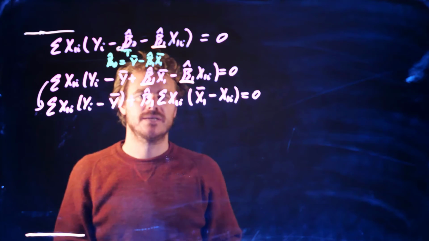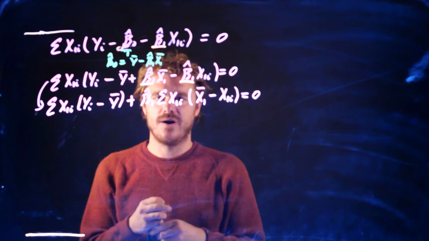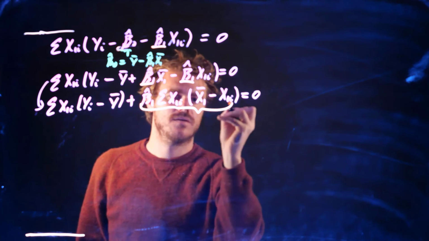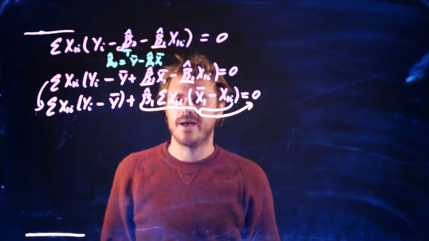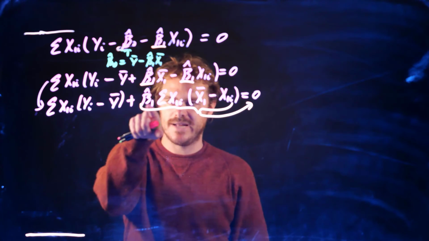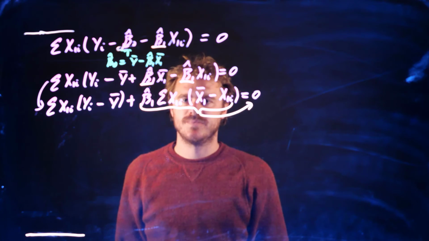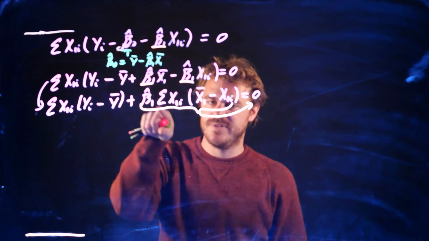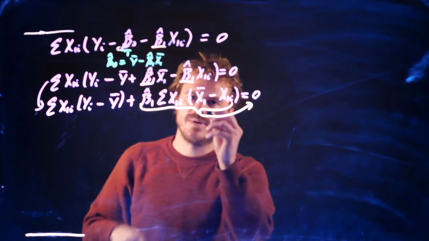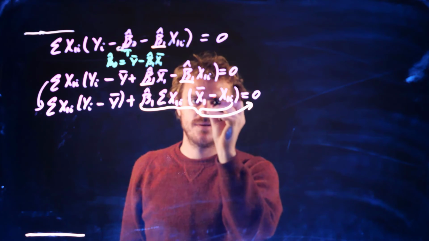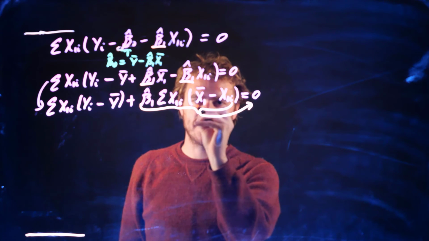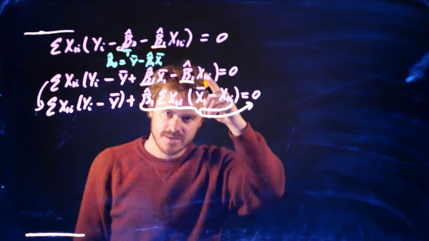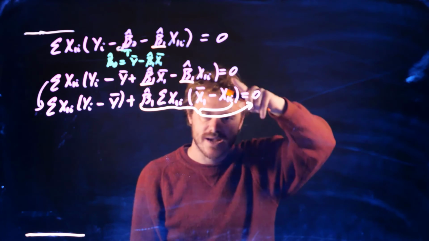common factor. And we can think about now moving this to the other side, right? Because then we can think about actually isolating this beta hat 1. So we're going to move this to the other side, and when we do that, we're just going to flip these two x's. So now it's going to become x1i minus x1 bar, right? Because that's what we're doing as we move it over.